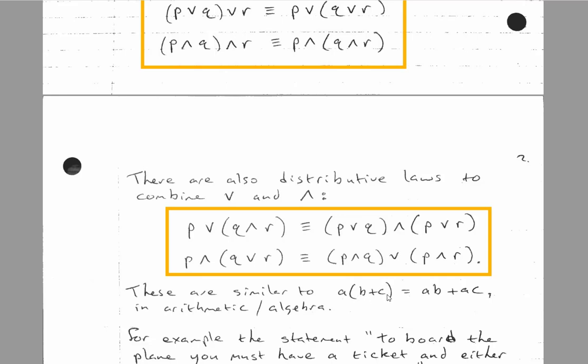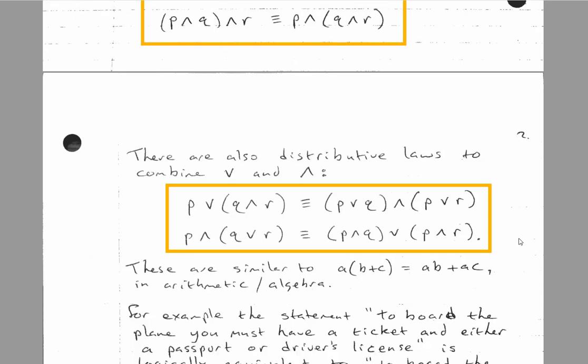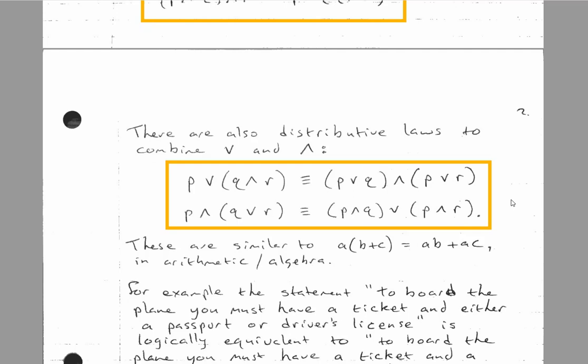So A times B plus C is equal to A times B plus A times C. So it's the same idea here. And again, you could check each of these using a big truth table with 8 rows. Okay, we're not going to check it.